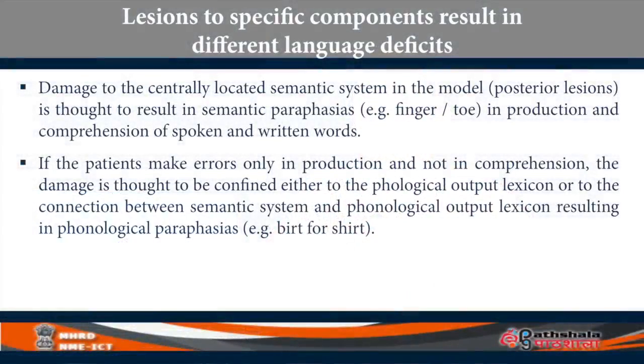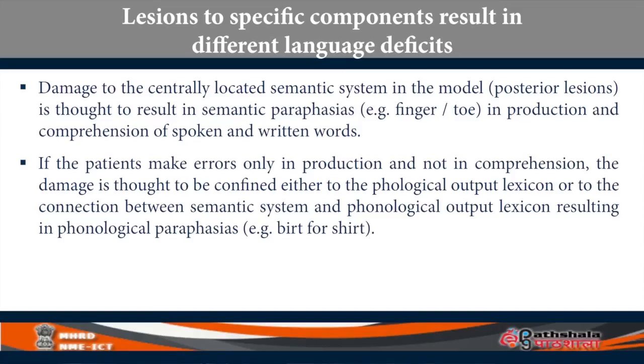But if the patient makes errors only in production but not in comprehension, then this method assumes that the problem is confined to output. The patient is able to search through the semantic system and identify the meaning, but for some reason is not able to express it verbally. So this causes verbal paraphasia.